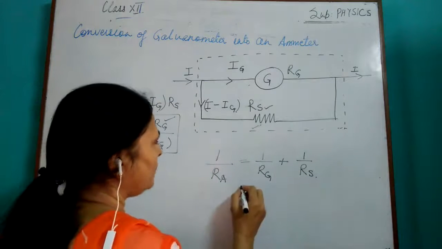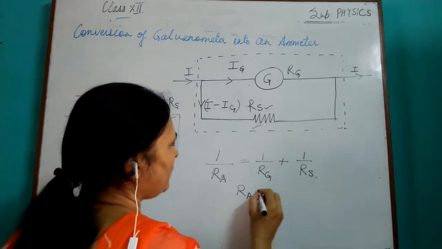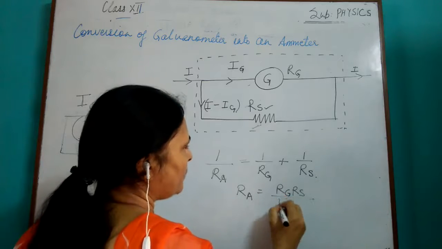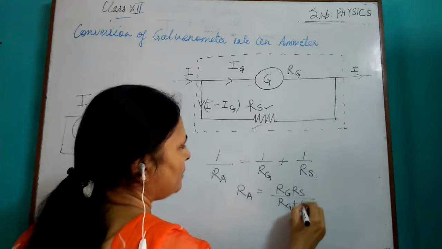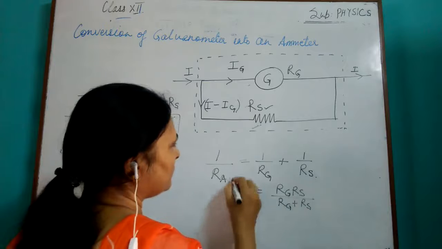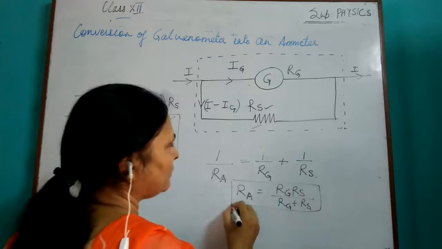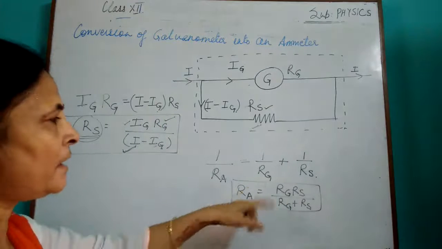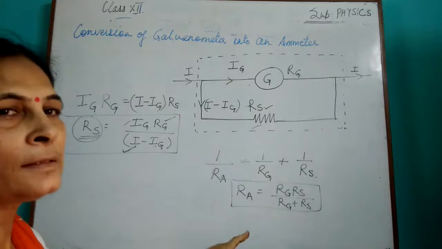This is going to give me Ra equals Rg Rs upon Rg plus Rs. So this will be the resistance, and as you can see, this will be a smaller resistance.